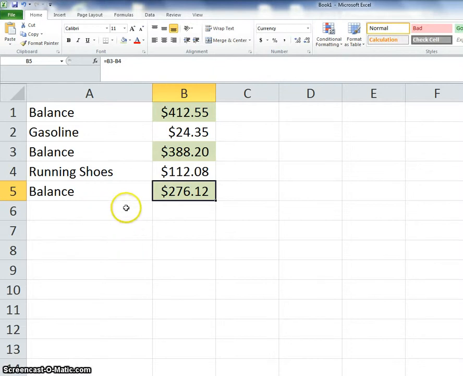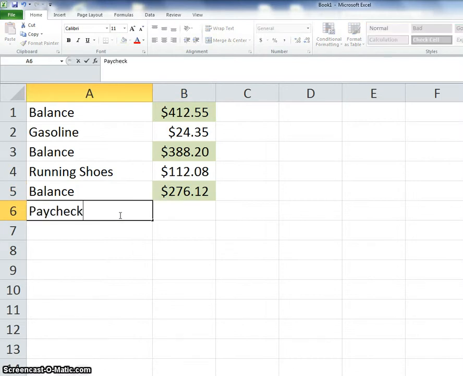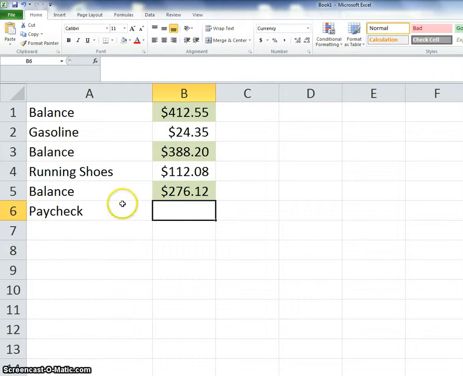So like we're going along, after I bought my running shoes, let's say I got a paycheck, and let's say my paycheck has to be less than $500. So let's say it was $465.72. Oops, I typed that wrong. 72 cents.